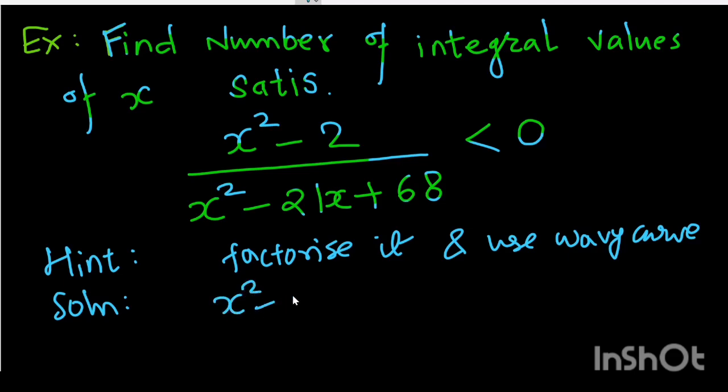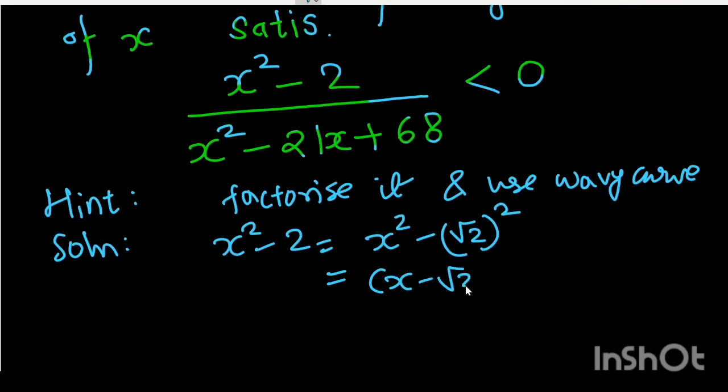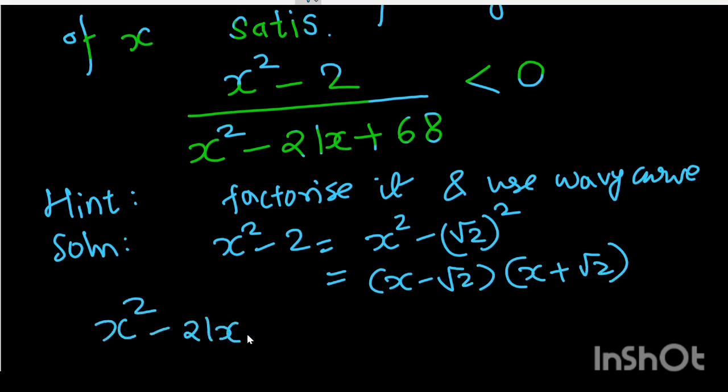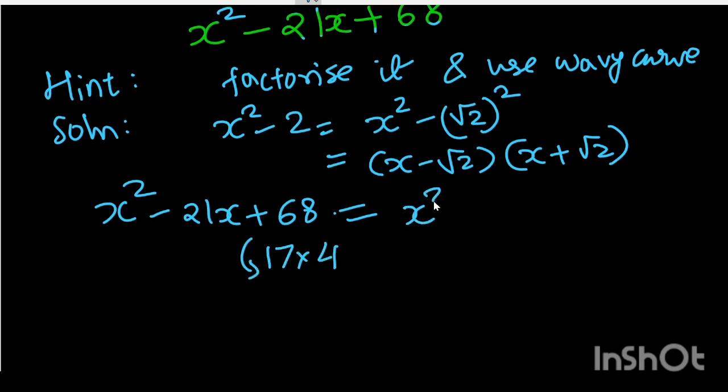So the solution as usual goes like this. Factorizing first the numerator, x² − 2, we can write x² − (√2)². Using a² − b², you can write it as (a − b)(a + b). So (x − √2)(x + √2). Similarly, the denominator x² − 21x + 68, if you factorize 68, it is 17 into 4. So we can write 21 as 17 + 4: x² − 17x − 4x + 68.